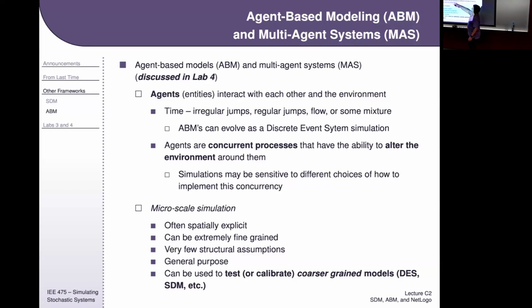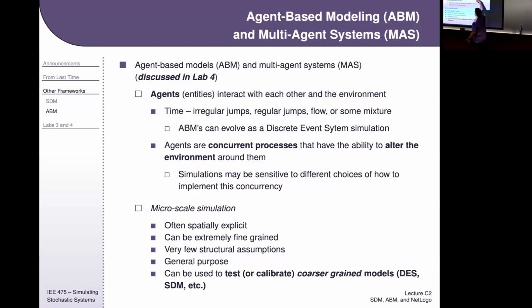You view the agents as parallel processes that are just running at the same time. That adds a complexity, because how you implement parallelism can differ from one agent-based modeling program to another. Some programs might always iterate through the agents in the same order when they're updating their state variables. Other programs might go through them in a random order.